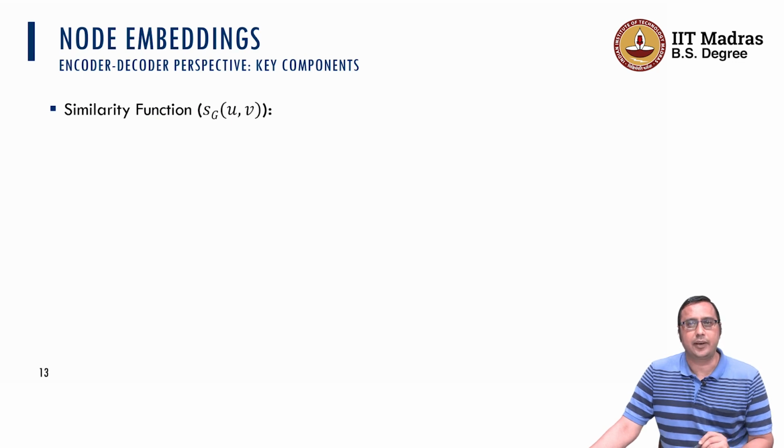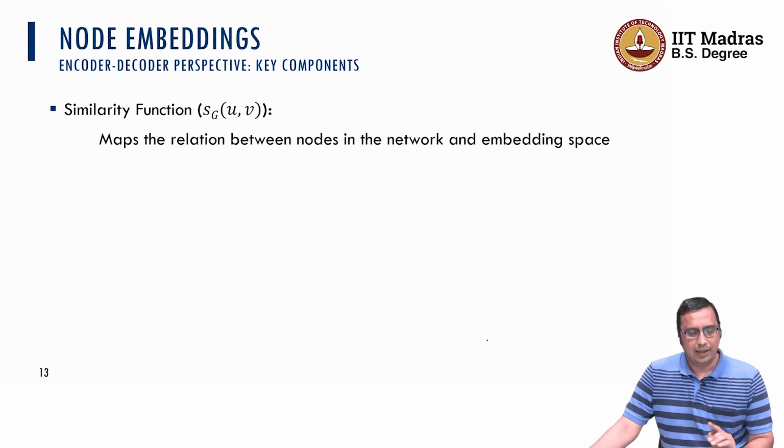Let's look at another component, which is the similarity function, S_G(u,v). The objective of the similarity function is to map the relationship between nodes in the network and embedding space.